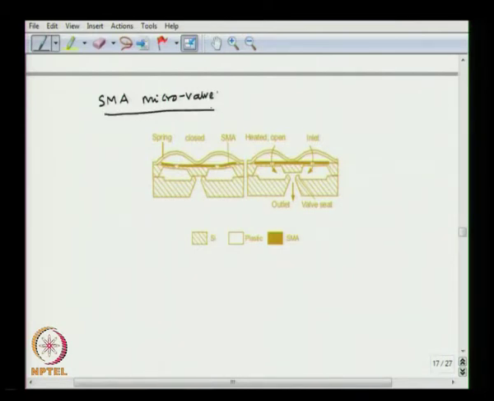First, try to understand what shape memory alloys are. They are typically titanium nickel alloys, and they will change shape when deformed mechanically.